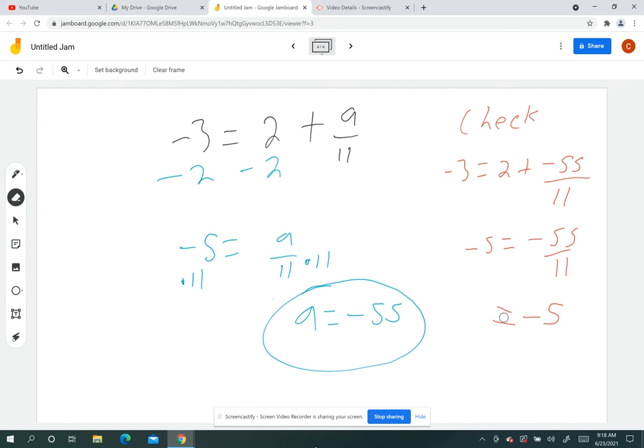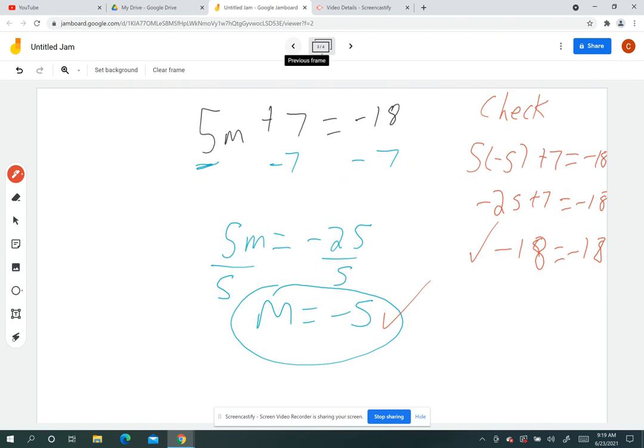So negative 5 equals negative 5. Check. So, in fact, we know how to solve, and we can always check.